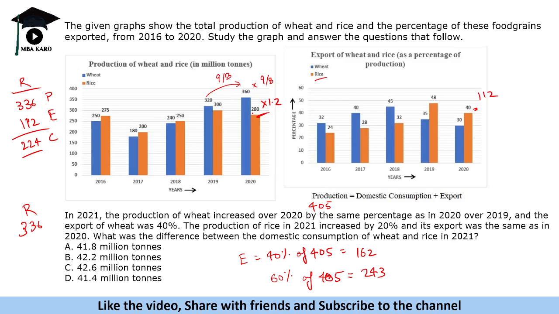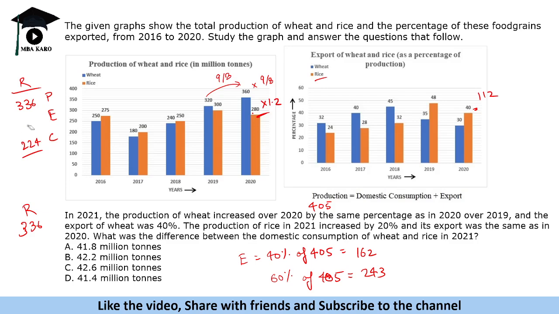Domestic consumption, why is it there is a mistake? Or maybe it means to say that the percentage was same. So let's check that also. So it should be like export was the same percentage, I guess, because the values are given.